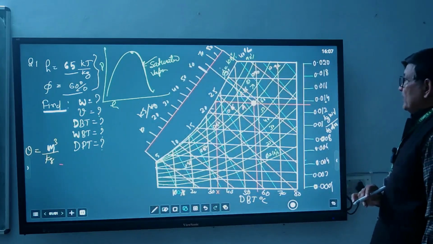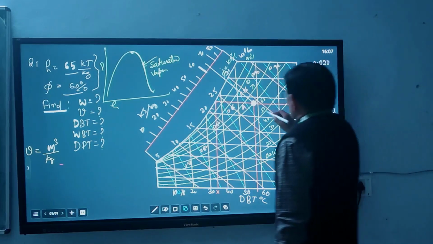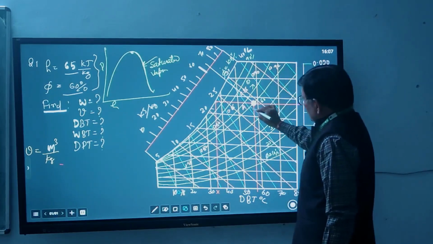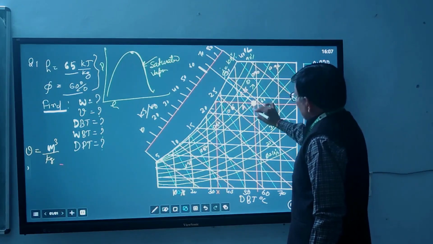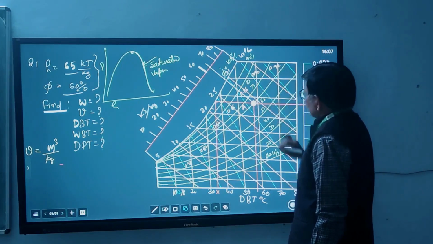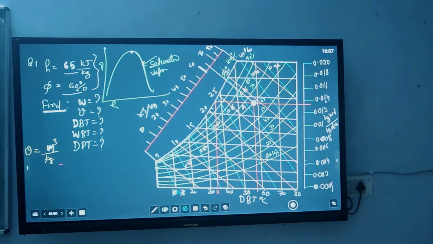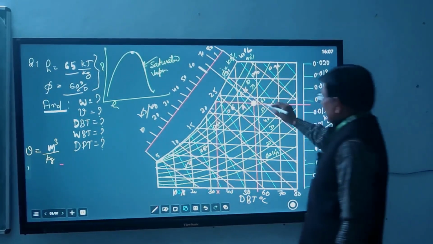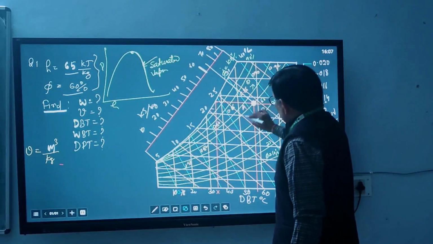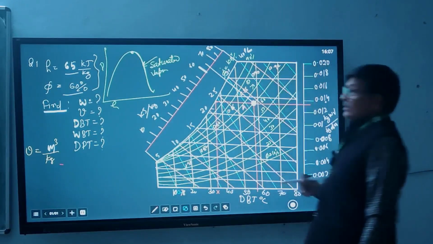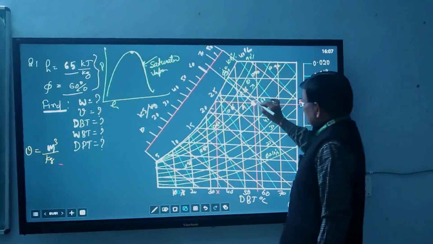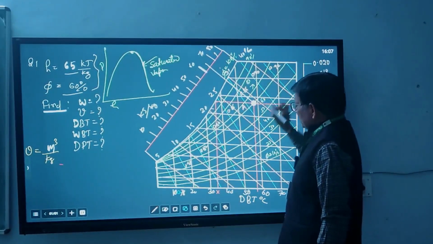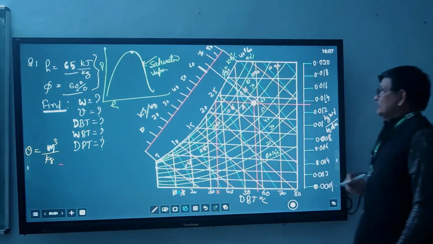So see all values, and specific volume line. You have to find out where this point is lying between two specific volume lines, 0.86 and 0.9. By using interpolation between these two lines, you can easily find out all these values. The main thing is that you have to find this point, and with respect to this point, you can find out all values.